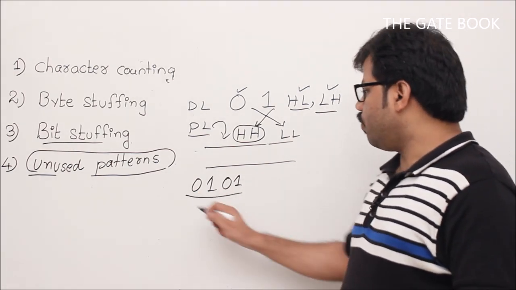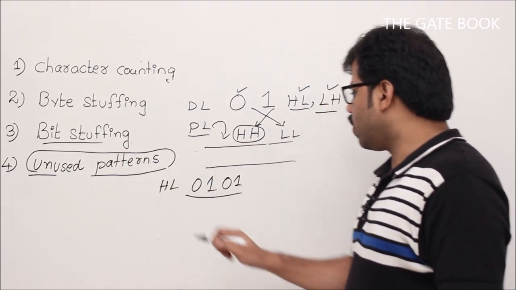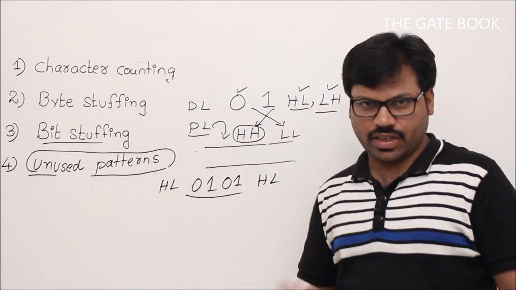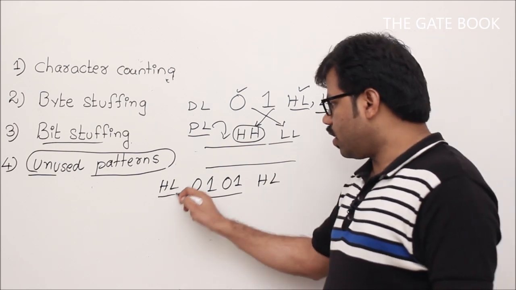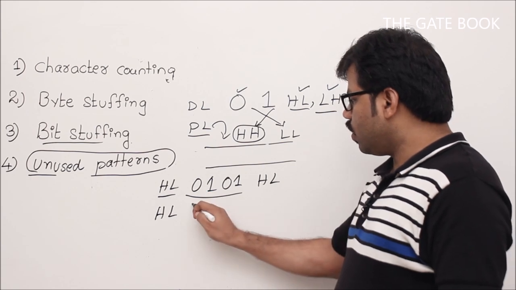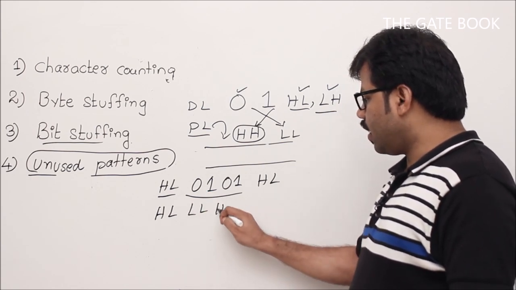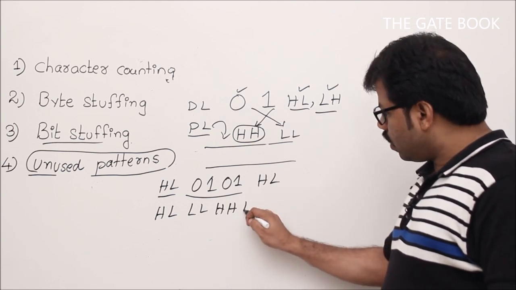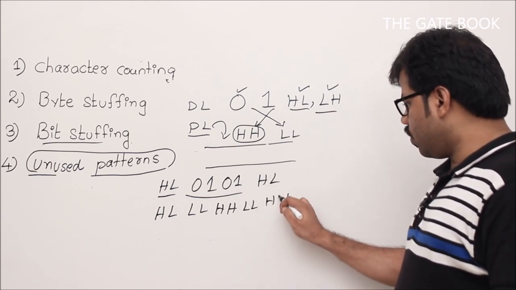So we write HL here, and we can use HL or LH, whatever it is. Then 0 is low low and 1 is high high. This is the way your message is going to be sent: low low, high high, high low.